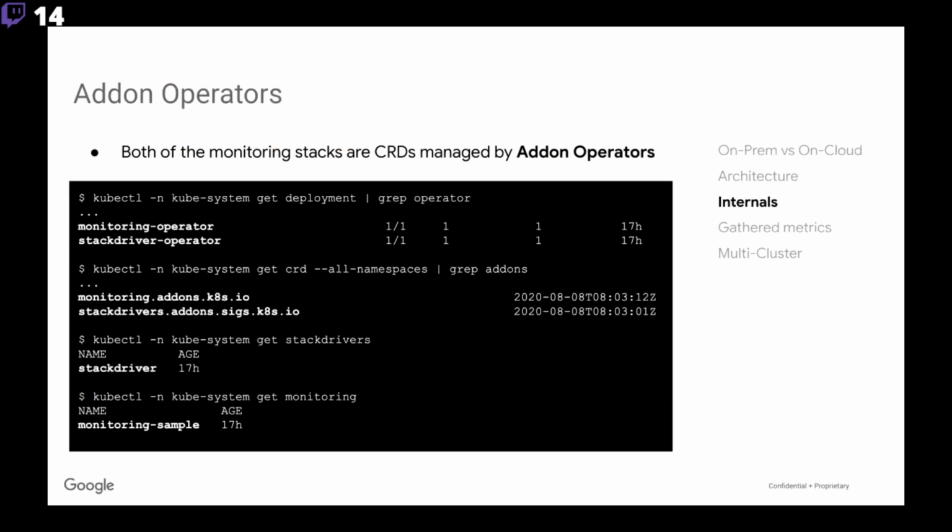You can see one of them is for monitoring, the other is for Stackdriver. It can be a bit confusing because the monitoring operator is purely for the OSS stack. We also have pre-made instances of the CRDs for both.